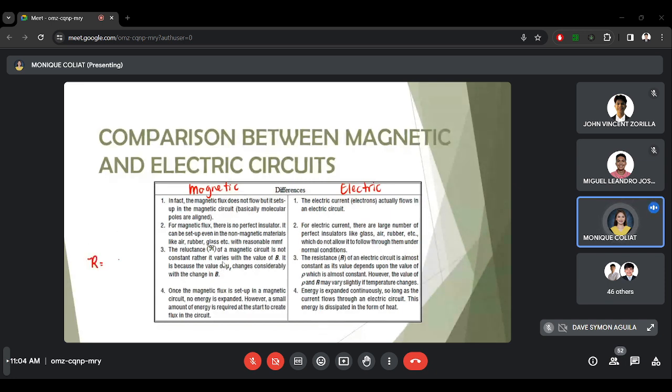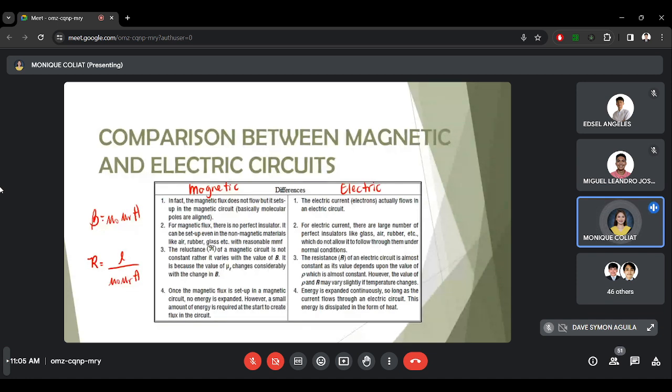Reluctance is equal to L over mu o mu r A. So the reluctance here changes. It's not constant because it considers flux density. If there's a change in flux density, there is also a change in reluctance.